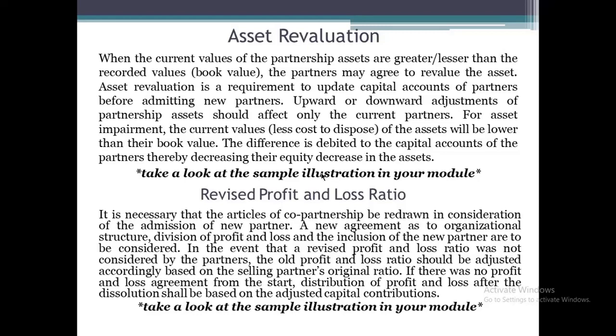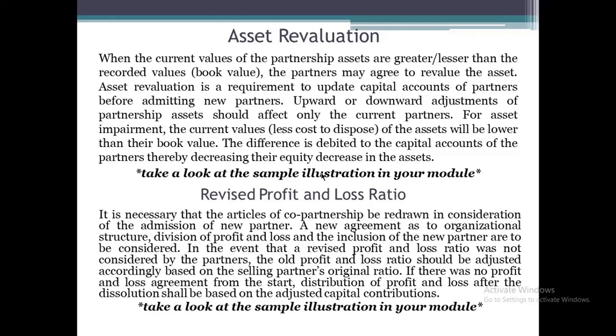Asset revaluation is a requirement to update capital accounts of partners before admitting new partners. Upward or downward adjustment of partnership asset should affect only the current partners. For asset impairment, the current values less cost to dispose of the asset will be lower than their book value. So, the difference is debited to the capital accounts of the partners, thereby decreasing their equity.